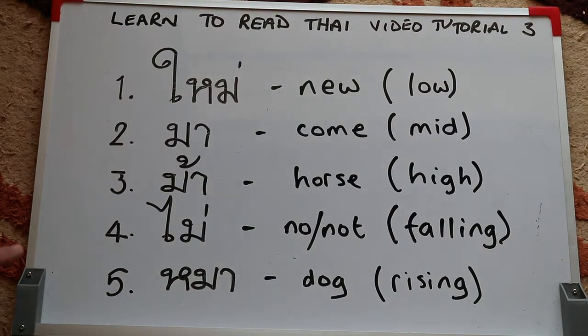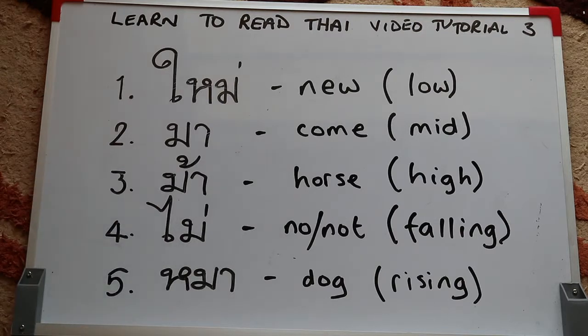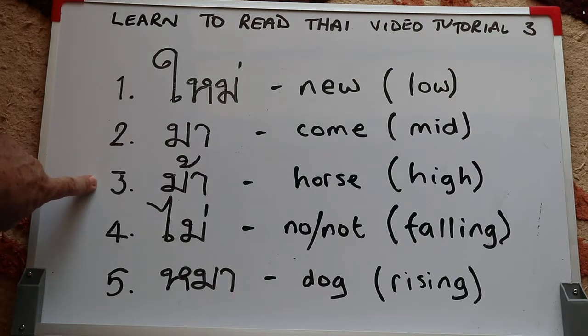The first is this one. Ma. So that just has a mid-tone and it means come. Next example is number 3. Ma.